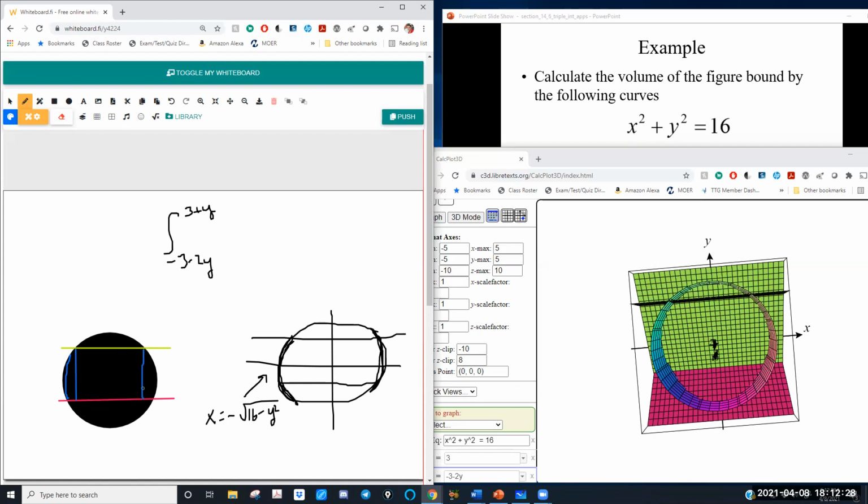But then as we get over here, the top is this part of the circle down to the red line. And then to the right of that intersection, we have a different curve defining the top and bottom now. So I was wrong when I said 3 integrals. We'd have to break this into 5 integrals, because the top and bottom are defined by different functions here than they are in here, than they are in here, than they are here, and then they are here.